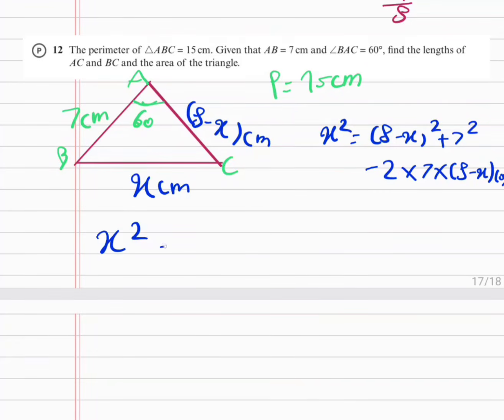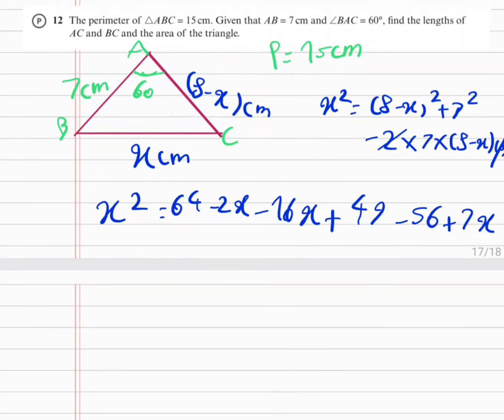Right, so now we just expand the brackets: 64 minus 16x plus 49, and then minus 2 times 7, where cos 60 is equal to a half, so the cos 60 part and the 2 just cancel out, and then we have minus 7 times 8, which is minus 56, and minus 7 times minus x, which is plus 7x.